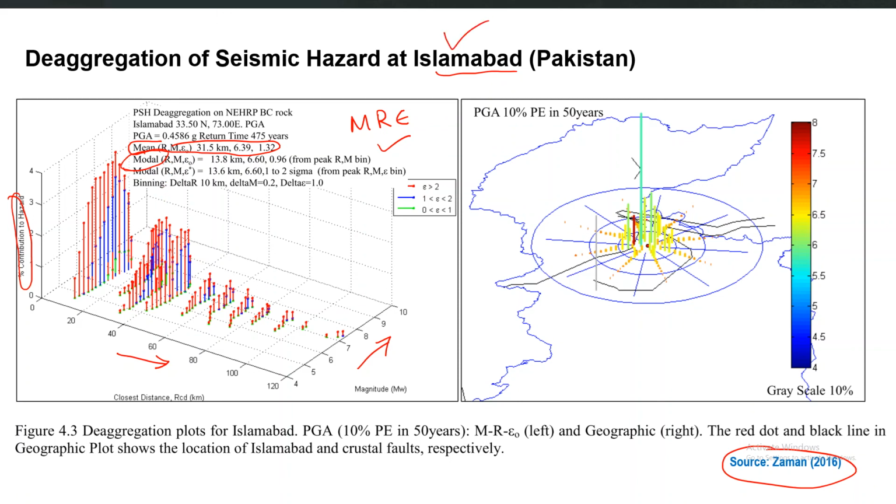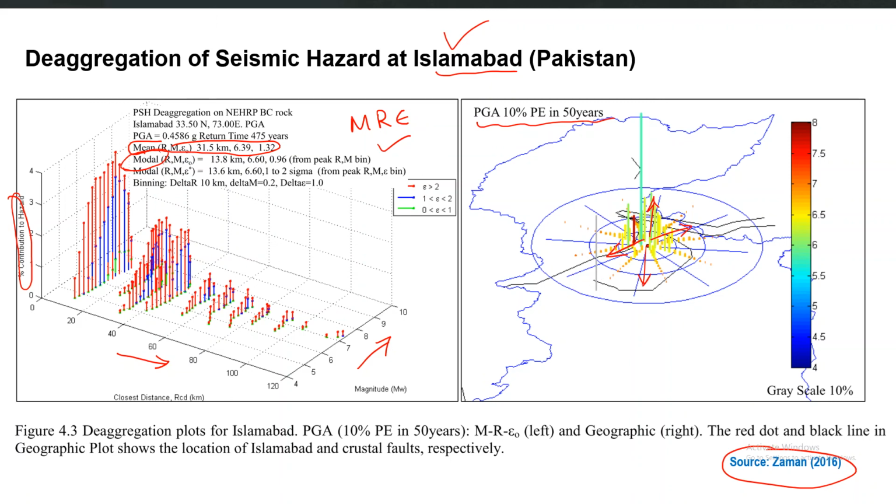This is the same information, but now it is in the form of geographic de-aggregation, and this corresponds to the PGA value at DBE level. And now the color is showing you the magnitude, the height of the bar is showing you the percentage contribution, and you can see here that in general, as you go away from this site, which is Islamabad, the percentage contribution is decreasing.